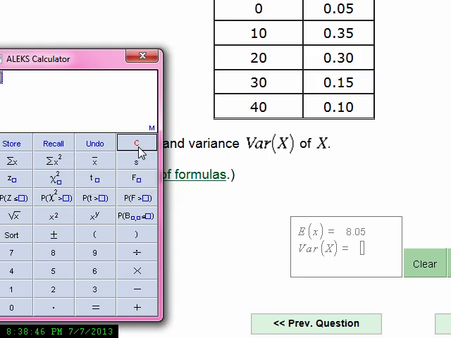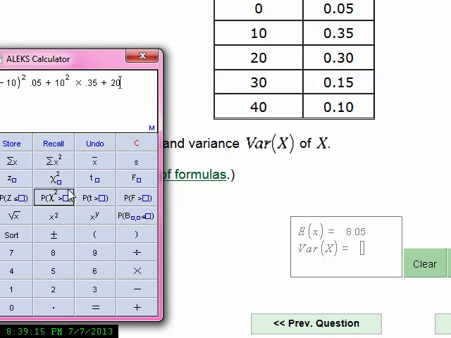So now I need to put that -10 in parentheses because I've got to square it, and I want to make sure I square that negative number. It'll become positive. Times 0.05. Plus 10 squared times 0.35. Plus 20 squared.